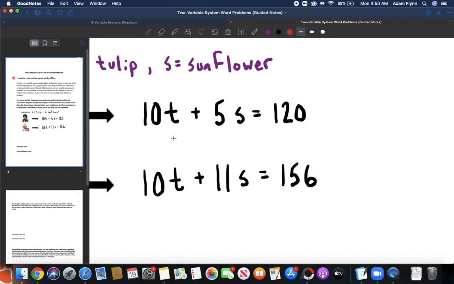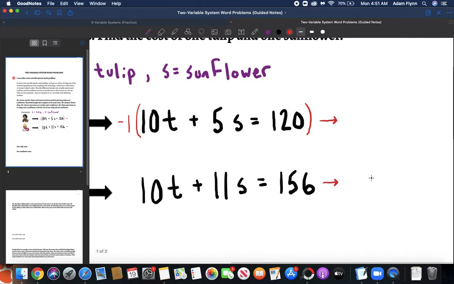If one of these were negative 10t, I would be able to eliminate my t. So I'm going to multiply this top equation by negative 1, and I'll write the result right next to it. With the Mr. Flynn equation, or the bottom equation, I'm just going to bring it over to the side here and rewrite it.